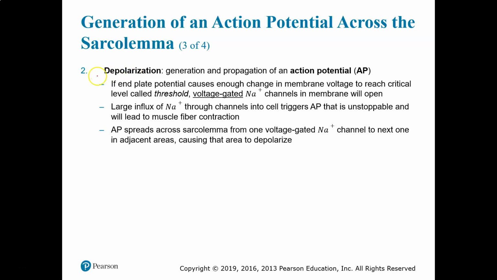So the notes on depolarization, let's see if there's anything we need to highlight. If the end plate potential causes enough change in membrane voltage to reach a critical level called threshold. And what that means is if the resting membrane potential is negative 70 millivolts, threshold is usually somewhere around negative 55.